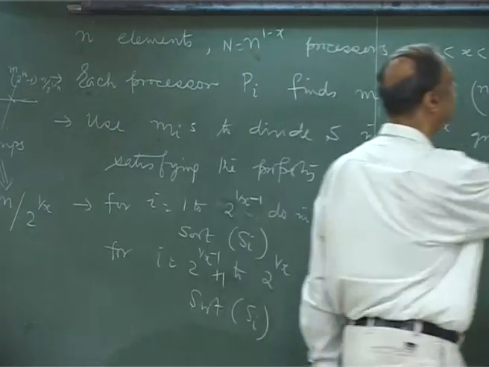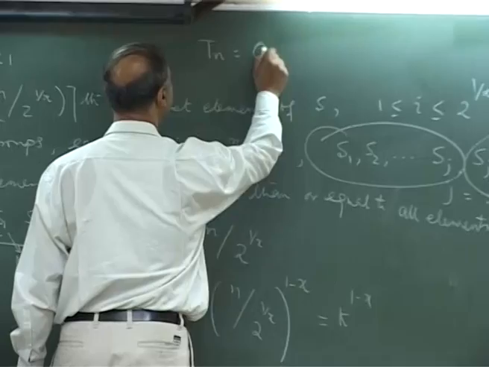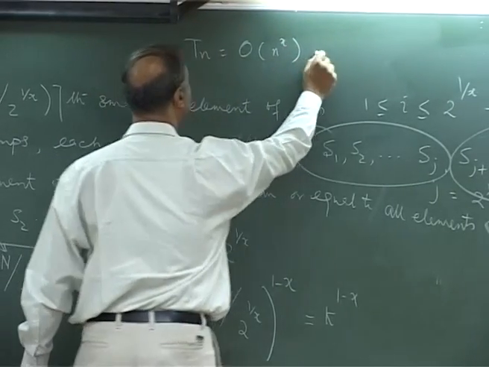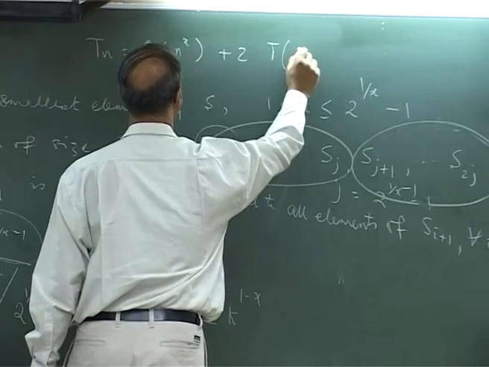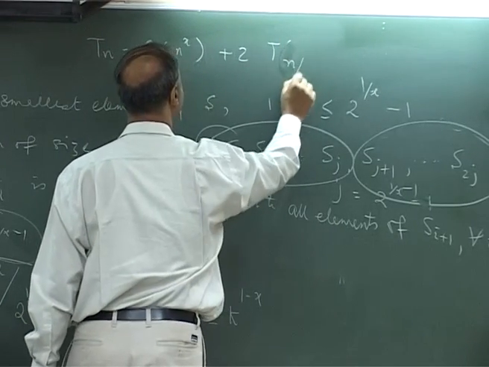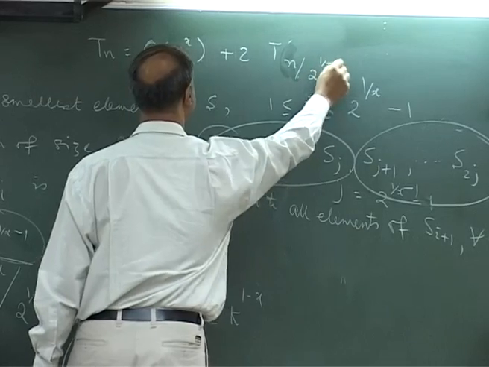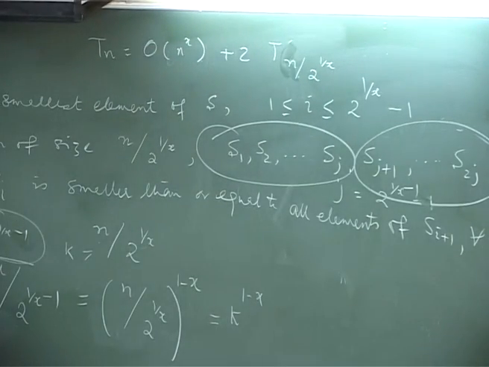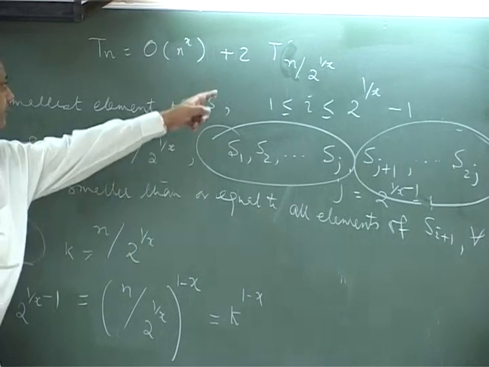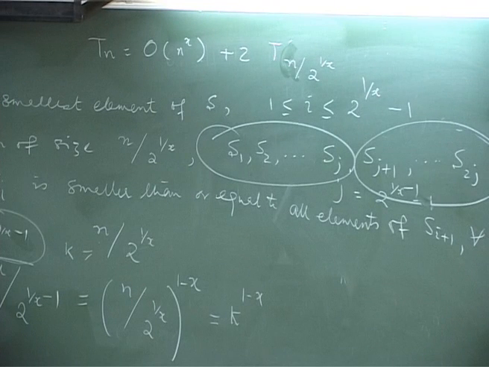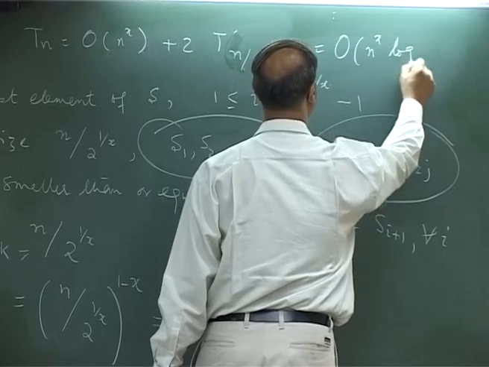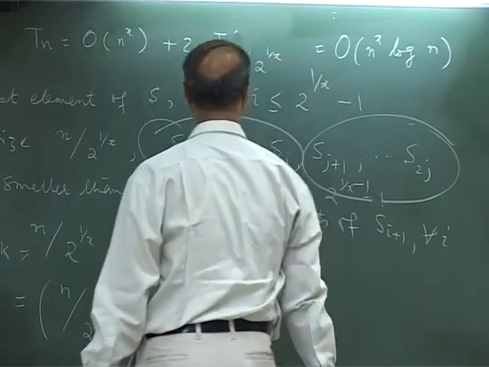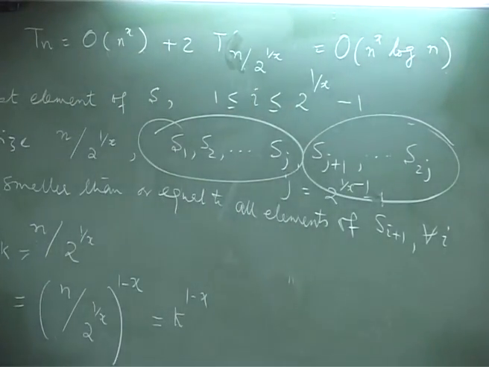So the time complexity T(n) becomes order n to the power x plus 2 times T of n by 2 to the power 1 by x, because the size is reduced to n by 2 to the power 1 by x. Is it okay? And the solution to this is, right?